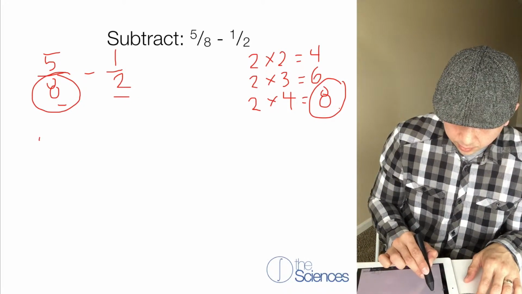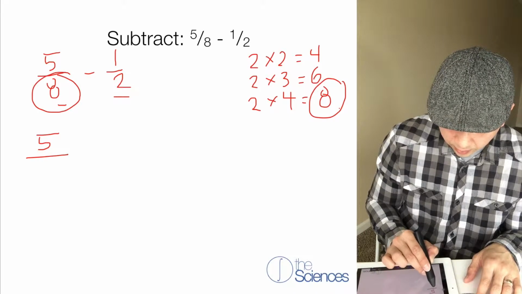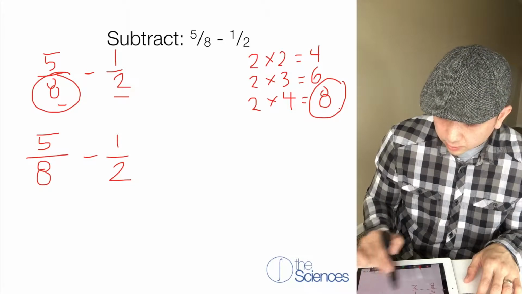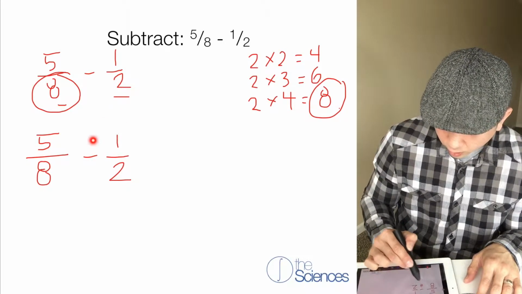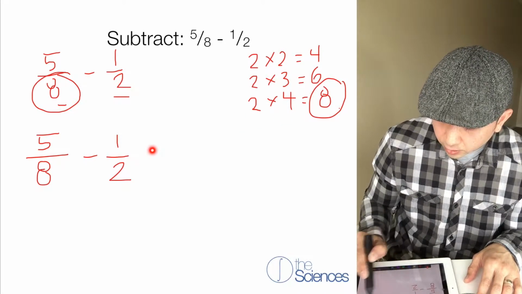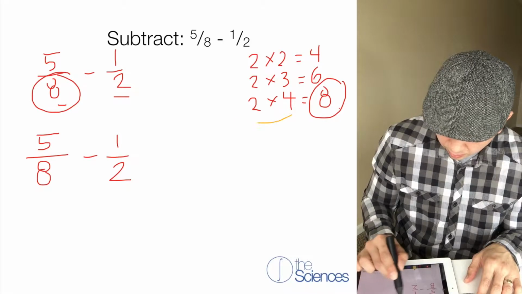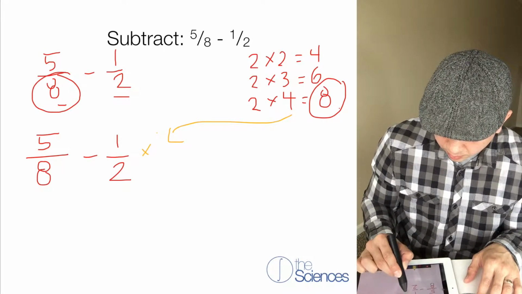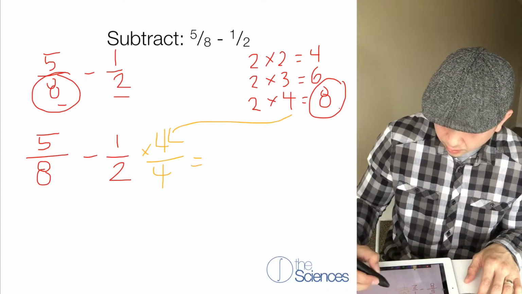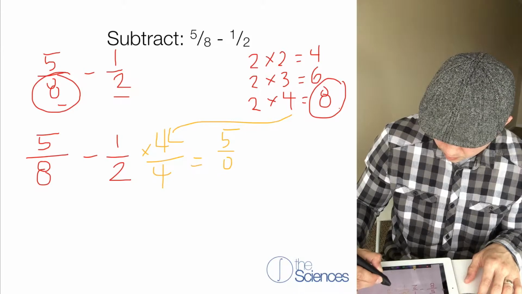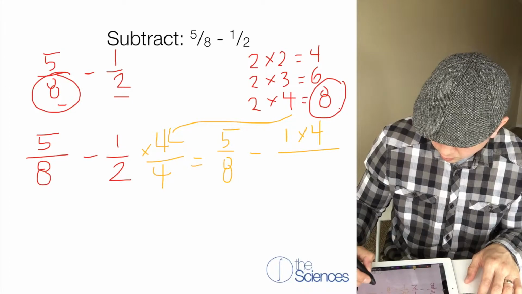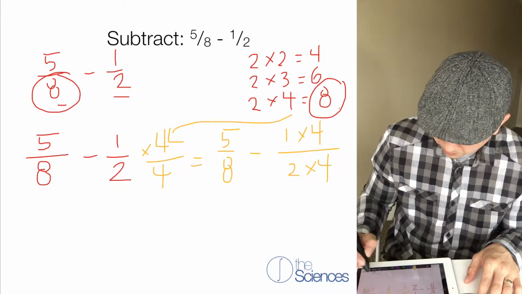So now we can rewrite our fractions, 5/8 minus 1/2. For our 1/2, we're going to multiply by the multiple to get 8. So we're going to take our 4, and multiply both the numerator by 4 and the denominator by 4. So now we have 5/8 minus 1 times 4 over 2 times 4.